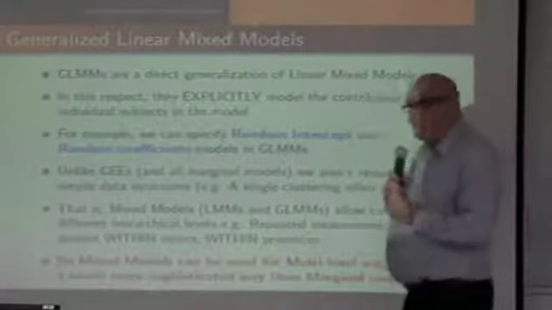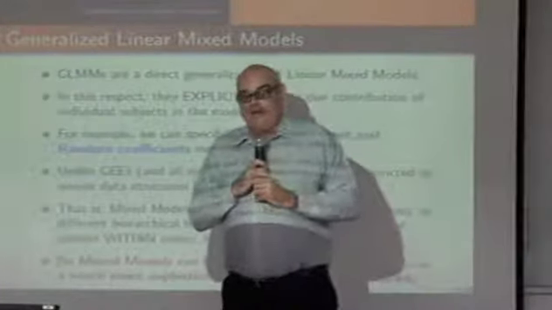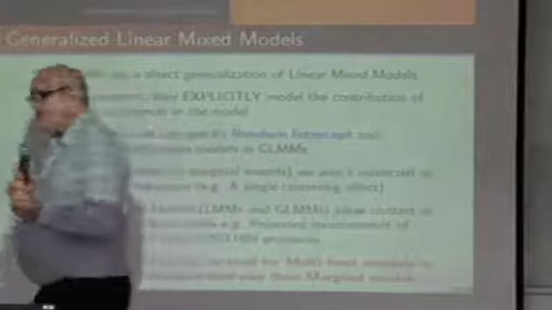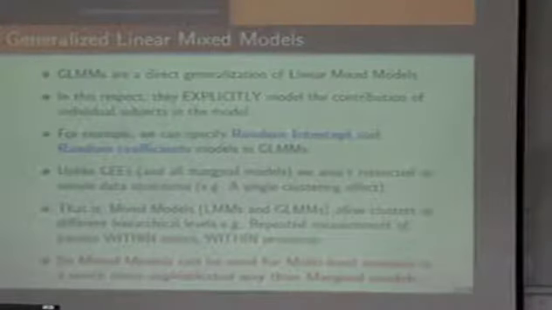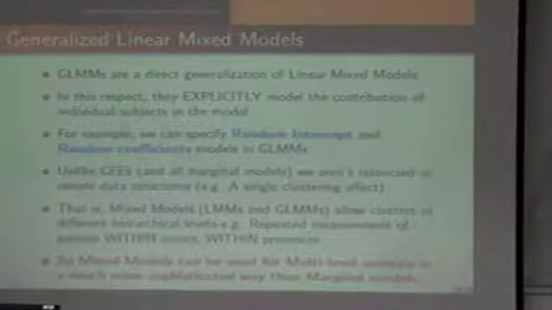And I'm not sure if I made this clear before, but GEEs work for when we have a single random effect, whether it be nested or whether it be crossed with other random effects. GEEs and marginal models are restricted to very simple data structures. In other words, a longitudinal effect.